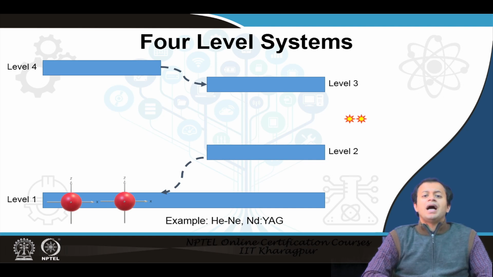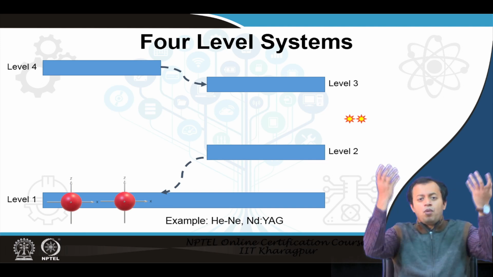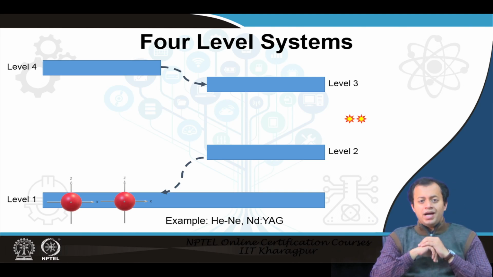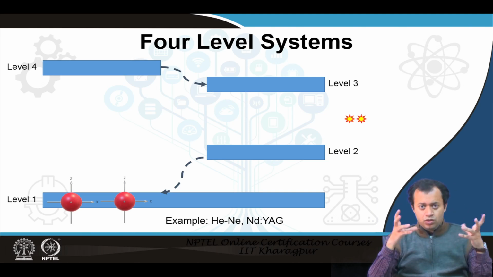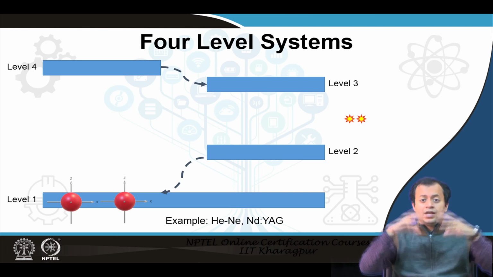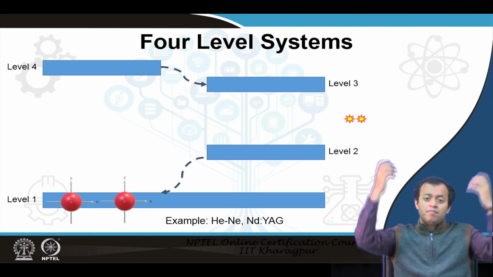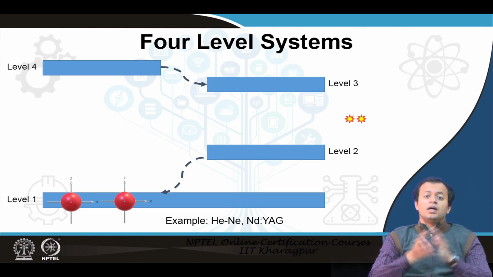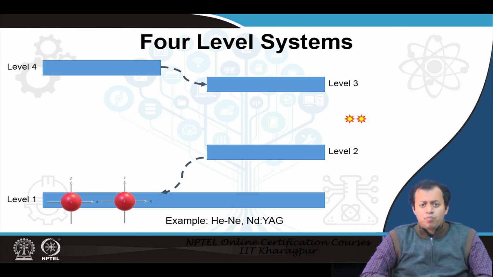The electrons present in the ground level, in the valence band, will go into the conduction band, leaving holes. Holes basically are voids of electrons. So your lower level, your valence band, is empty of electrons, and your conduction band is getting filled up by electrons. Is this population inversion?